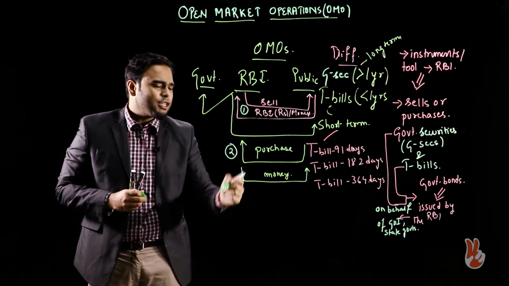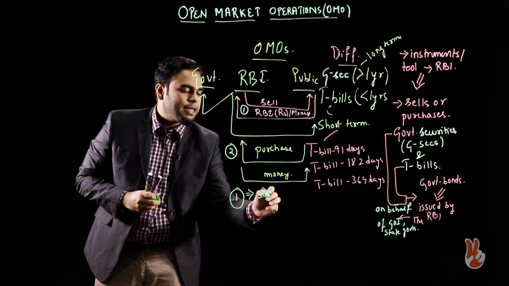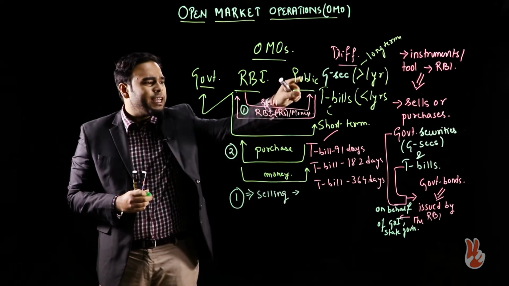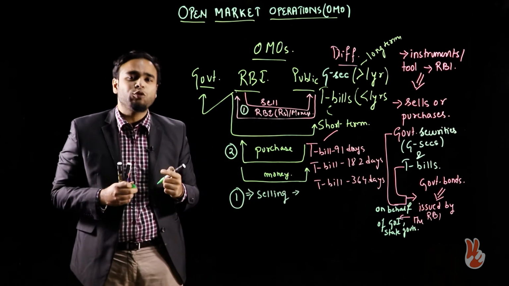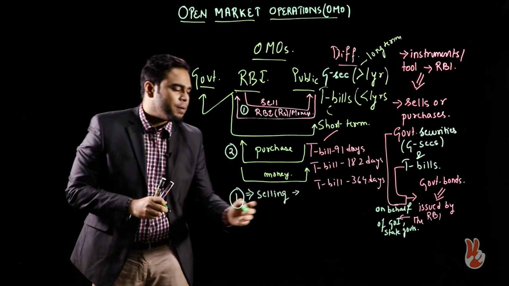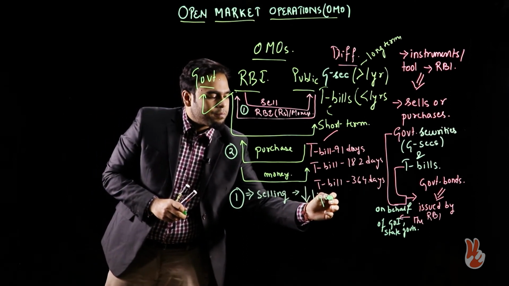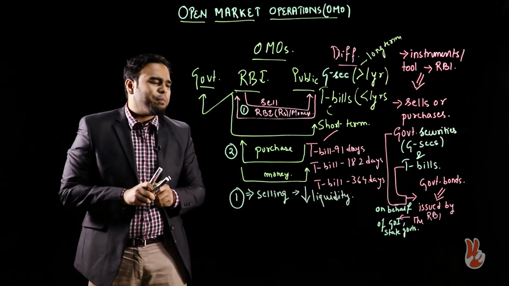In case of case 1, what will happen? As the RBI is selling the government bonds, what will happen? Money is flowing towards RBI. As a result of this, what will happen in the public sphere? There will be decreasing liquidity in the market. And in scenario 2, what is happening?